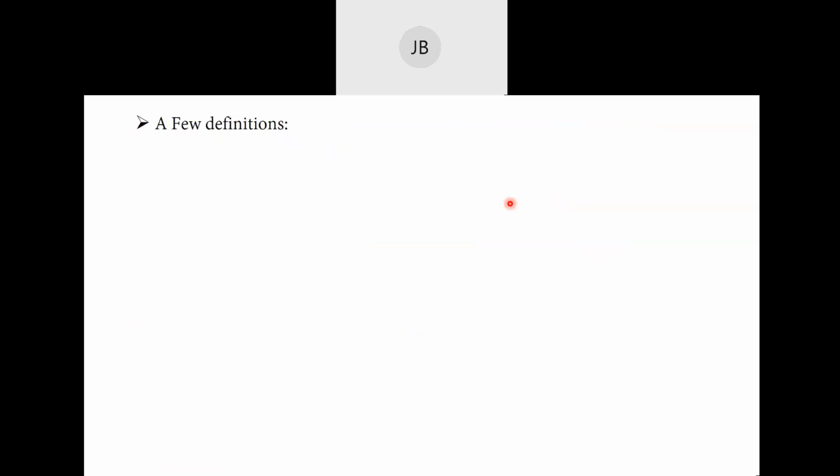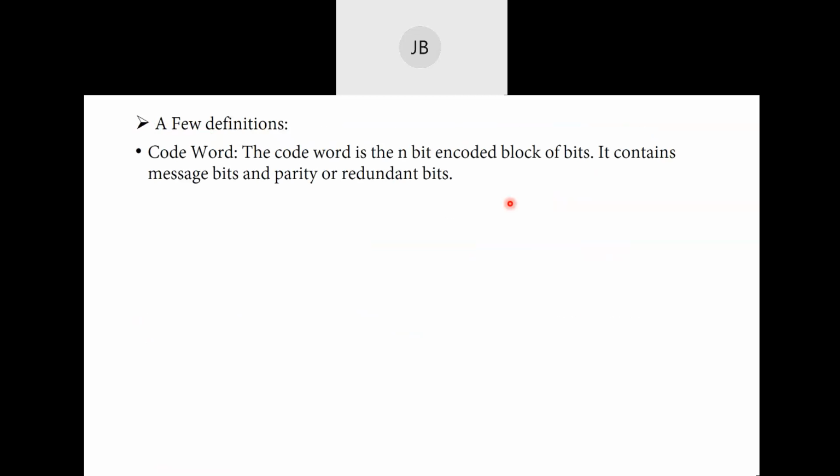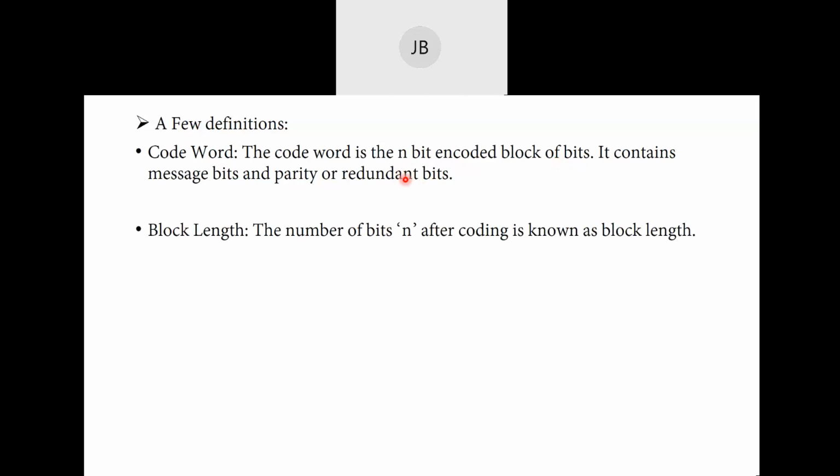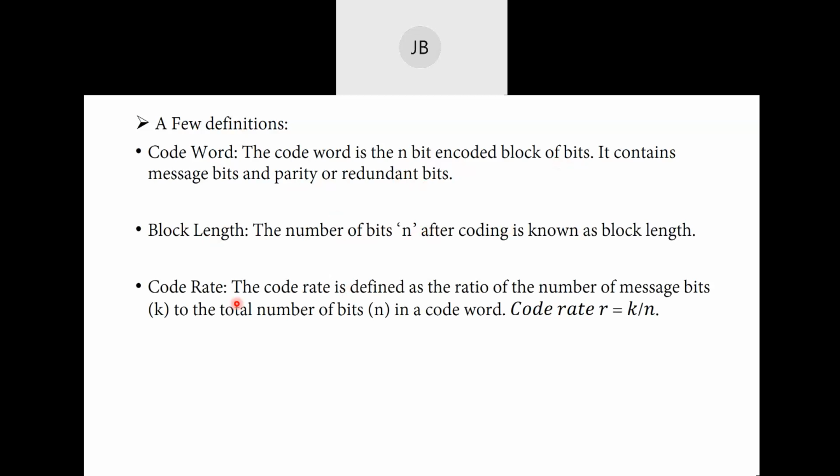Okay, now we have some definitions. First one is a code word. What is a code word? A code word is an n-bit encoded block of bits. This is basically produced by considering k input bits and adding the redundant bits to them. Next one is the block length. The number of bits n after coding is known as the block length. The code rate is defined as the ratio of the number of message bits to the total number of bits.